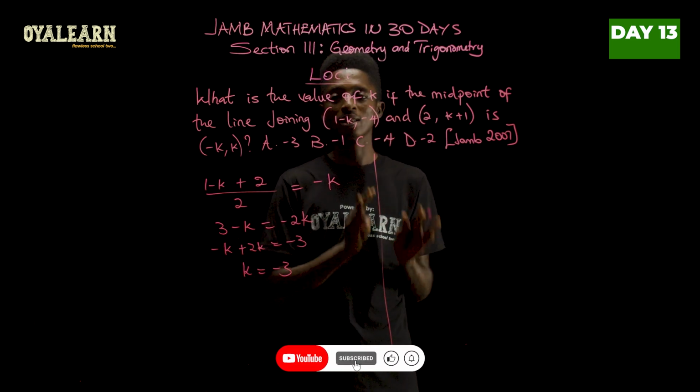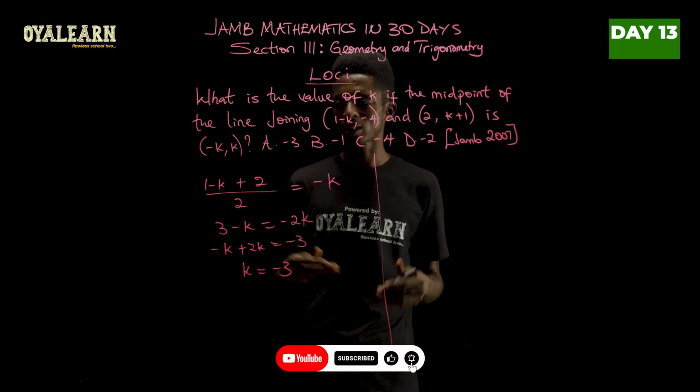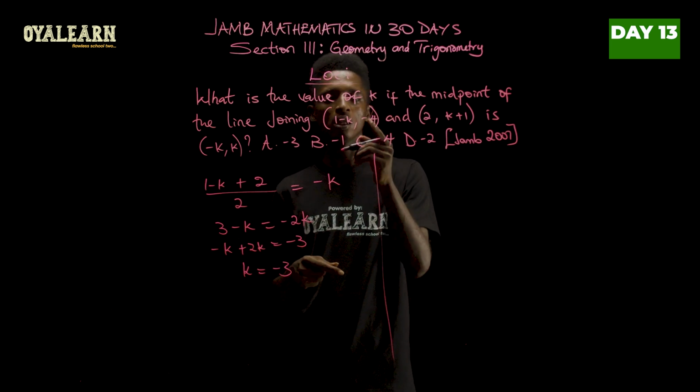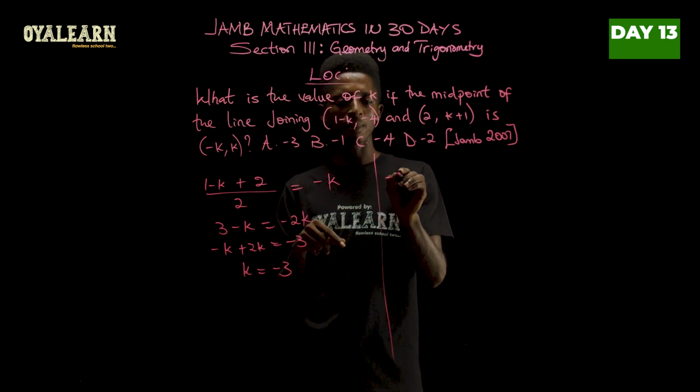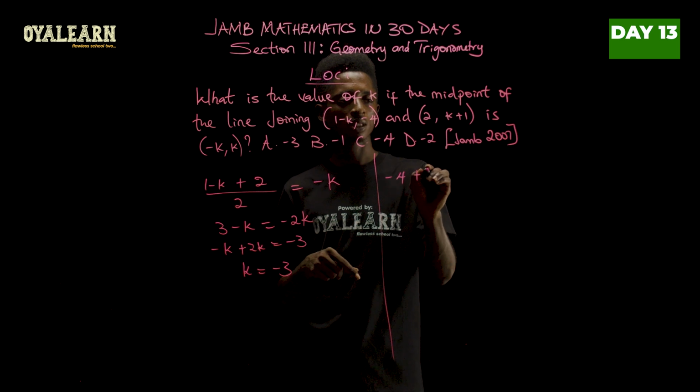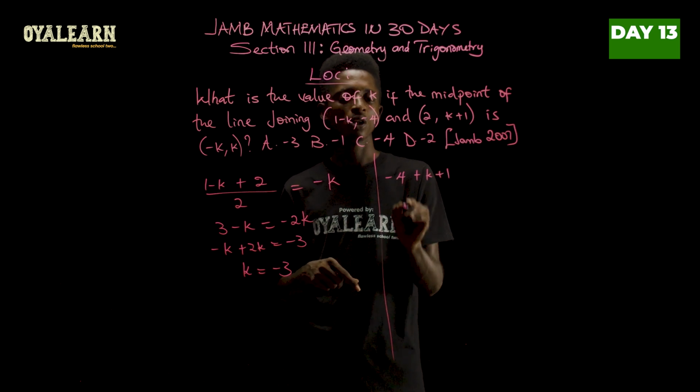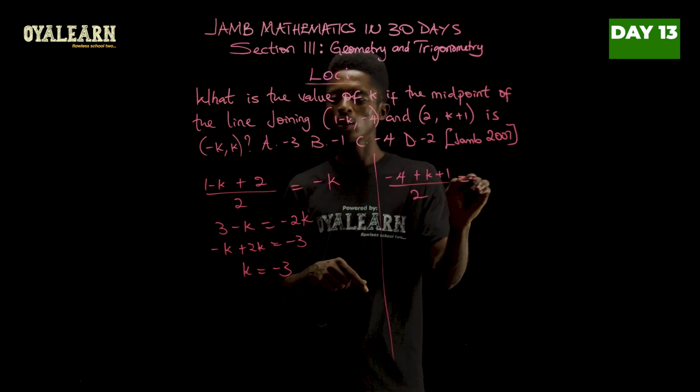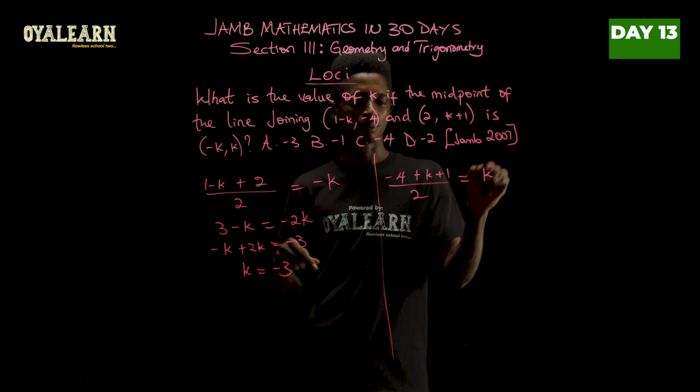But let's test with the y coordinate so that you can see that you can do it whichever way you want. So for the y, we're going to be having minus 4 plus k plus 1 all over 2 equals k.